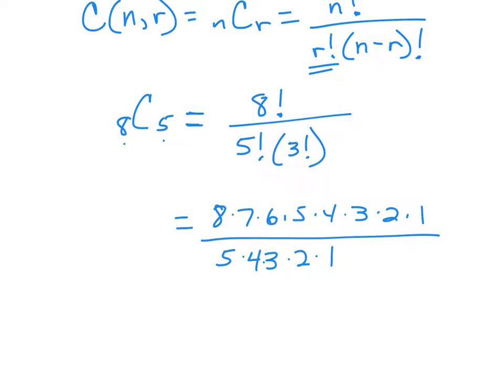And 3 factorial is 3 times 2 times 1. So 5 times 4 times 3 times 2 times 1 would cancel with 5 times 4 times 3 times 2 times 1. 3 times 2 would make 6, which would then cancel with this 6. It looks to me like 8 combination 5 is equal to 56.